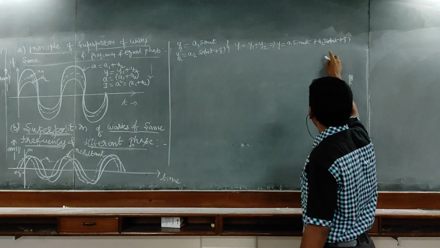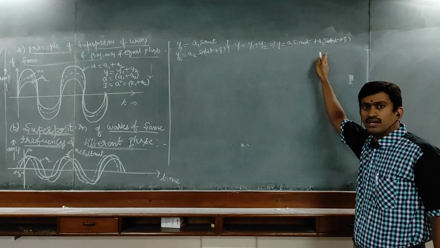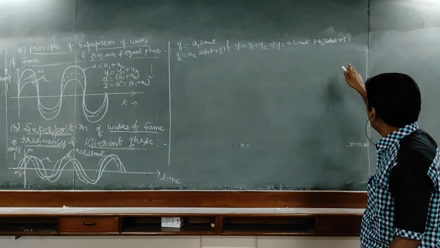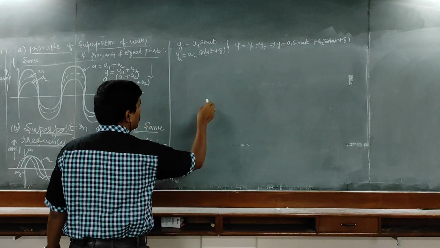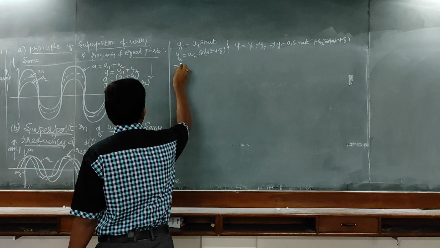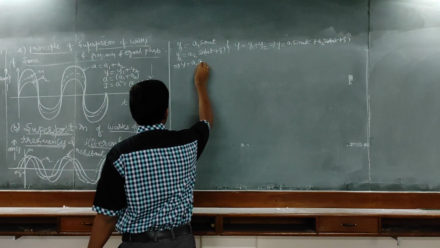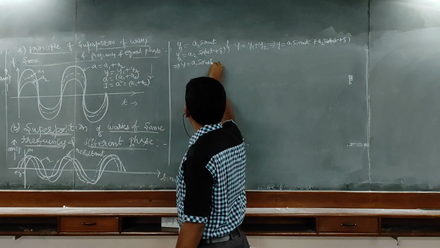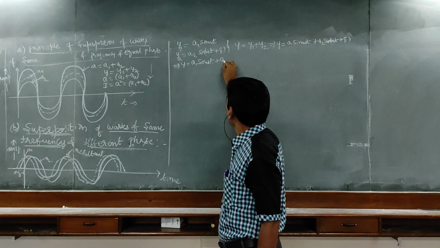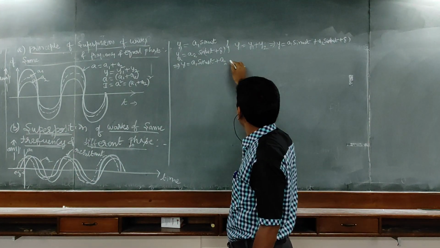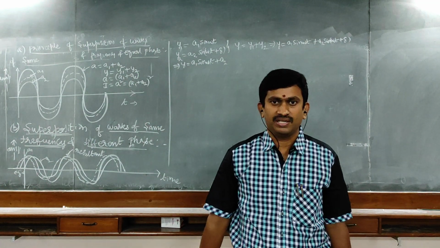Here, if you look at the expression carefully, it is in the form of sin of a plus b. Now, expand it. Then what happens? y is equal to a1 sin omega t plus a2 sin, which is in the form of sin of a plus b.